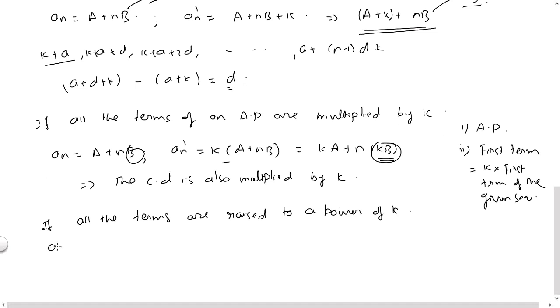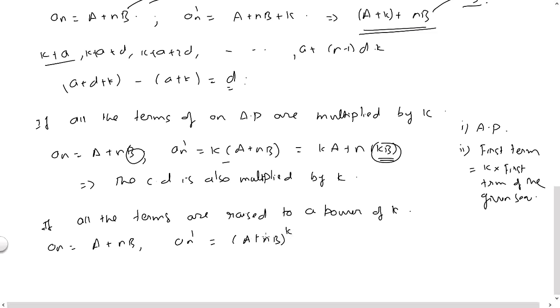The original sequence we will take as a plus n into b. Then when each of the terms is raised to the power of k, even the nth term is also raised to the power of k. So the resulting sequence will have the nth term a n dash equal to (a plus n into b) to the power k.